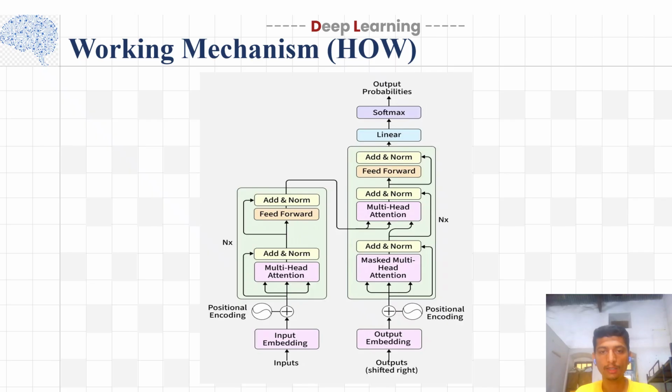So you can see this is the architecture of the transformer. There are two main concepts, the encoder and the decoder. The job of the encoder is to read the entire input all at once. It uses an attention function to figure out how all words in the sentence relate to each other.